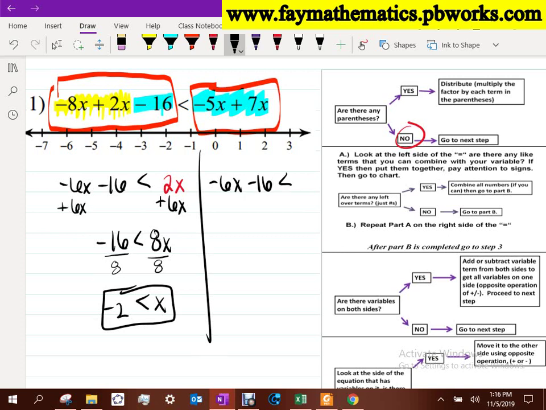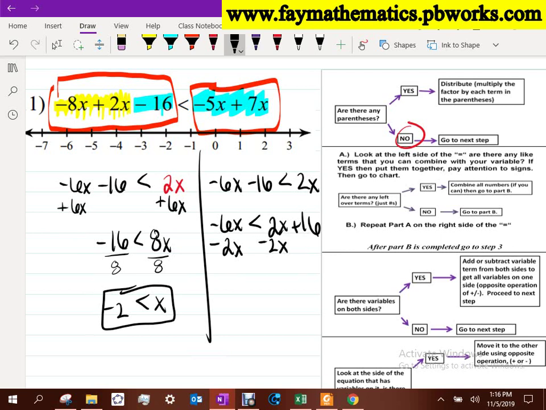Now you said, Kaylee, that you added 16 to both sides, right? That's fine. So it gives you negative 6x is less than 2x plus 16, right? Now what'd you do? When you got 4, it's because when you subtract 2x over here, what'd you write down? Did you say 4x?